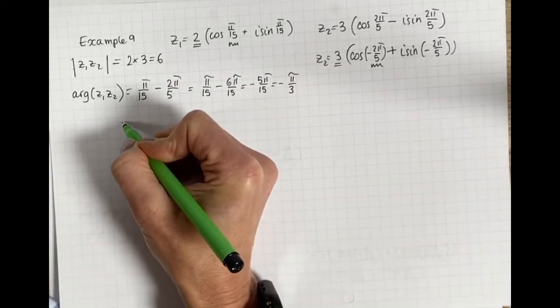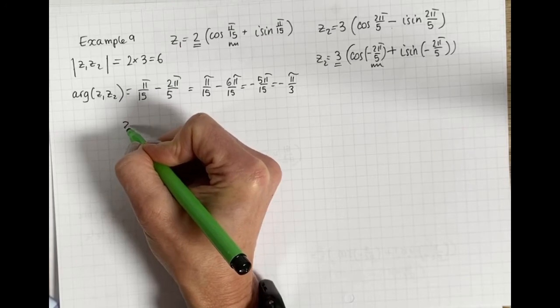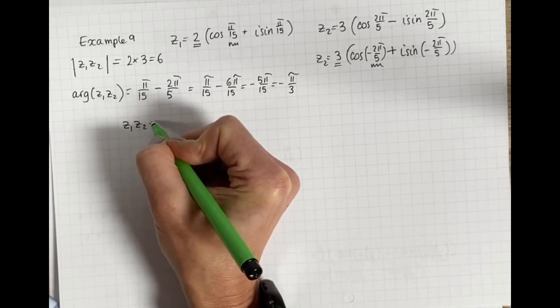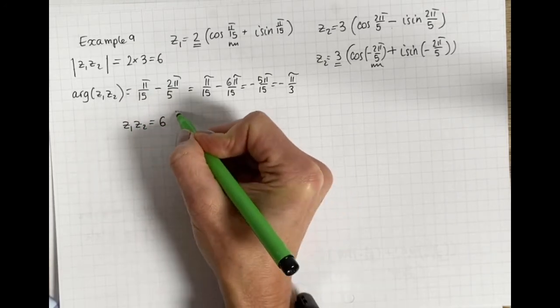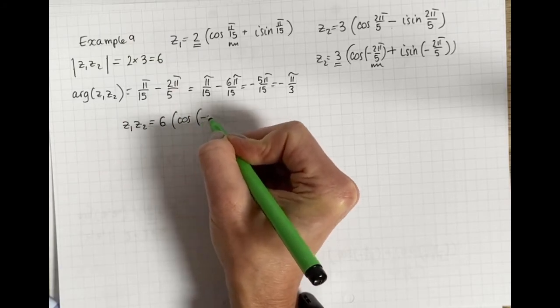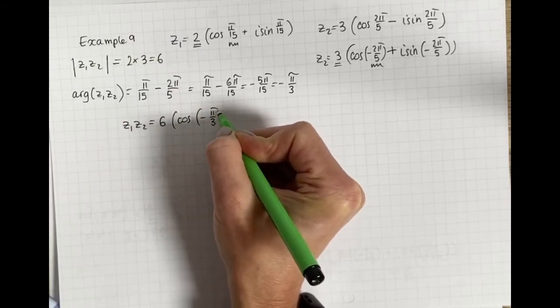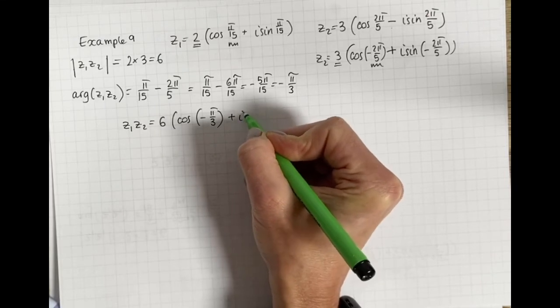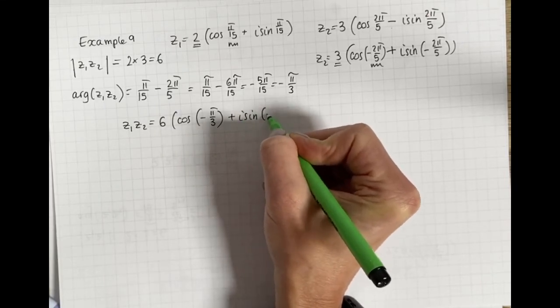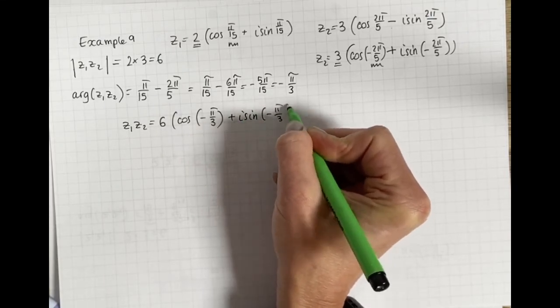Okay, so in the modulus-argument form, z1 times z2 looks like this. It's 6 cos of minus pi over 3 plus i sine of minus pi over 3.